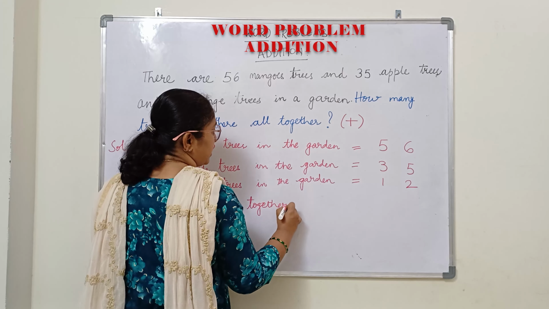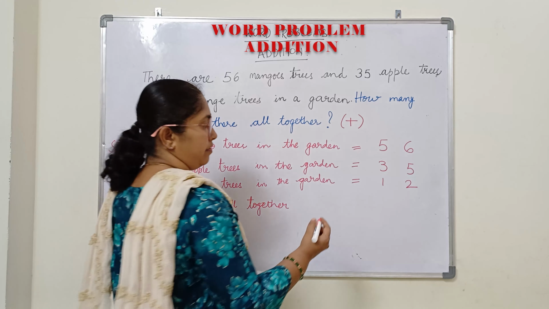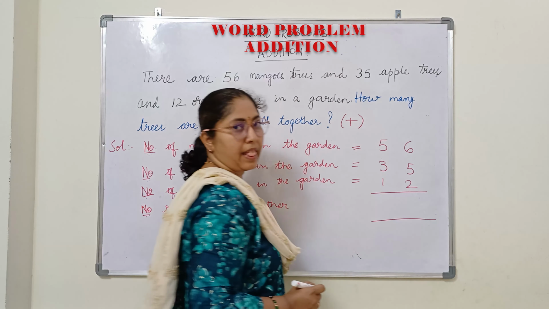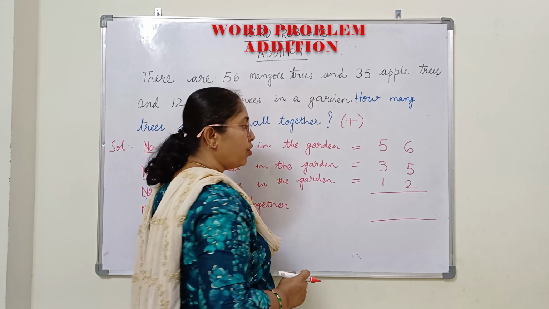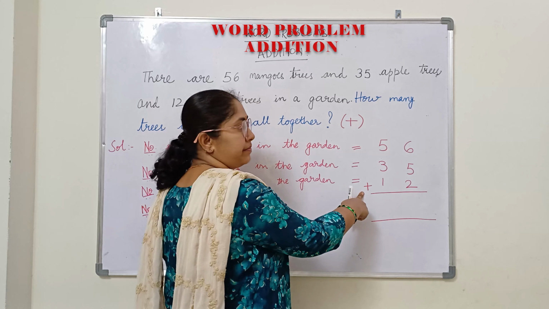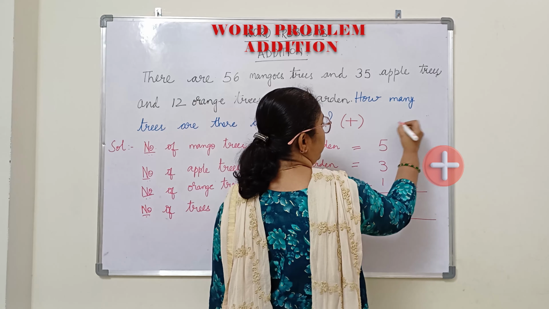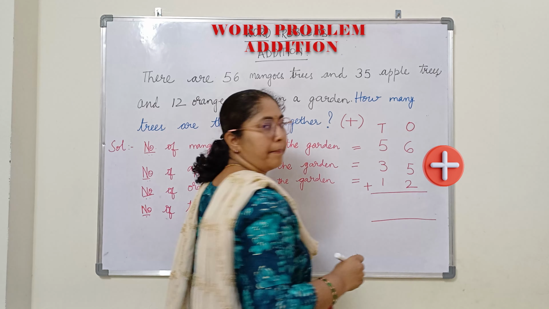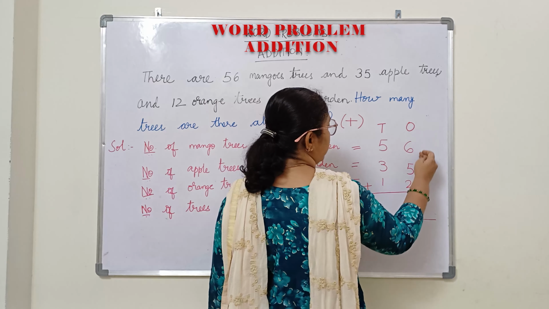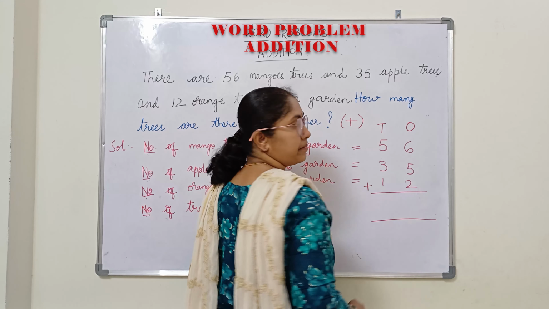After writing this statement, we will do addition. Mark the plus sign here, then write ones column, tens column. Here we have 3 rows in the ones column.